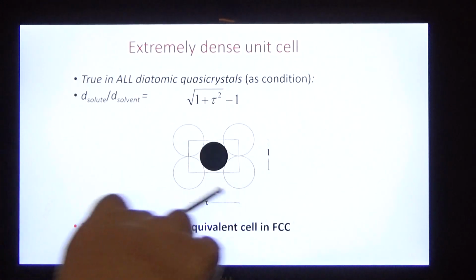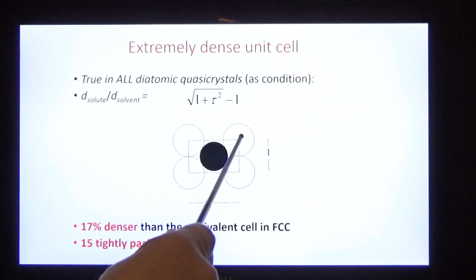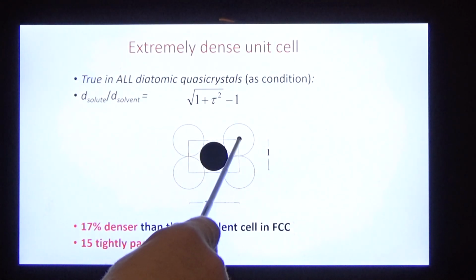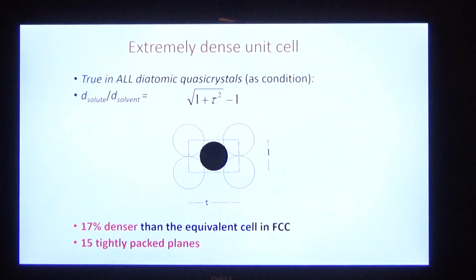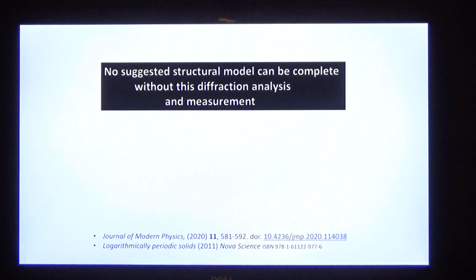And why is that significant? 0.29 is the same as the diameter of the aluminum, which is equal to the diameter of the units, the edge width of the unit cell, which is the lattice parameter, measured, analyzed, verified, and complete. No suggested structural model can be complete without this diffraction analysis and measurement.